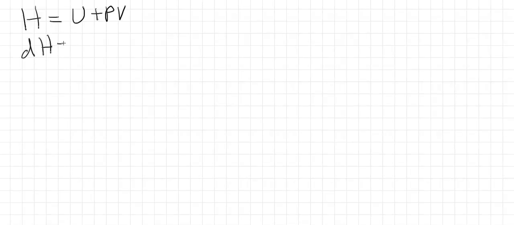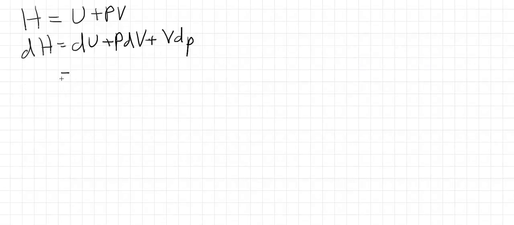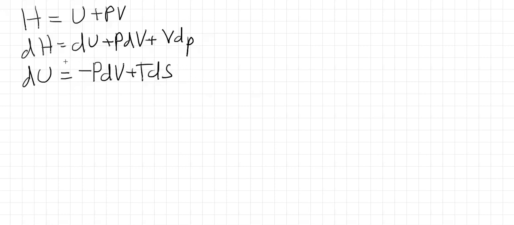We can go through a similar exercise with enthalpy. We said enthalpy is equal to U plus PV, or dH is equal to dU plus PdV plus VdP. Now we already said that for reversible situations dU is equal to negative PdV plus TdS. Now that's just dU in disguise.